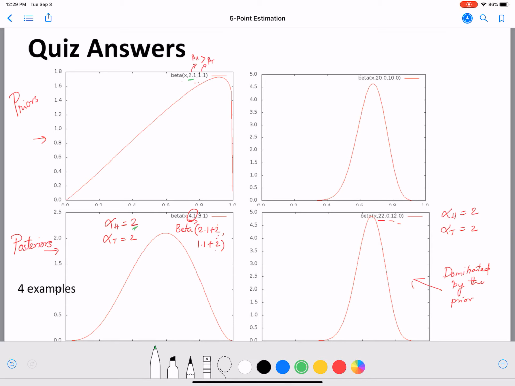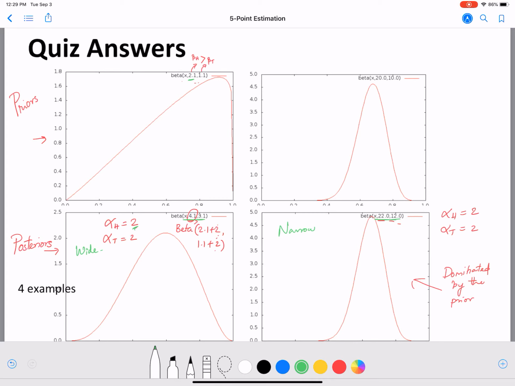Another thing that you need to understand here is that as the value for the parameters increases, the curve becomes narrower. There's more and more certainty around the curve, and it becomes narrower and narrower, and you can see that here. This one is narrow, whereas this one is wide. And that is because of the parameter values here. If they are higher, it just becomes narrower.